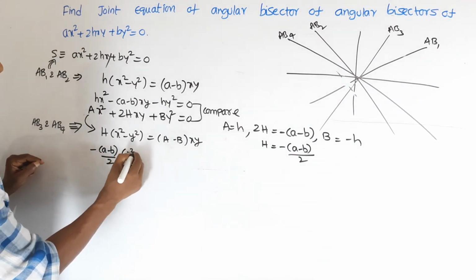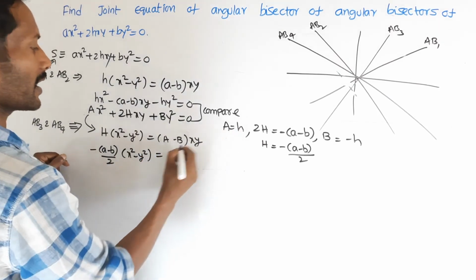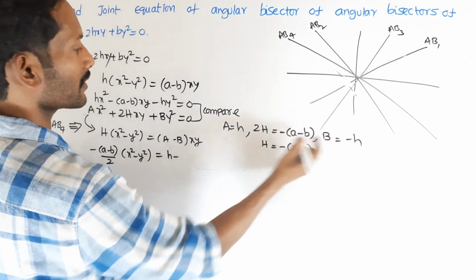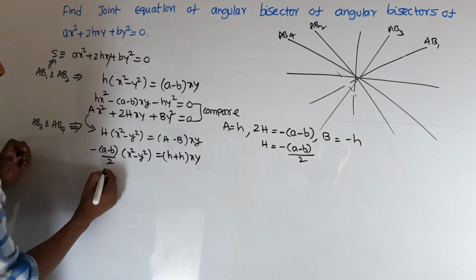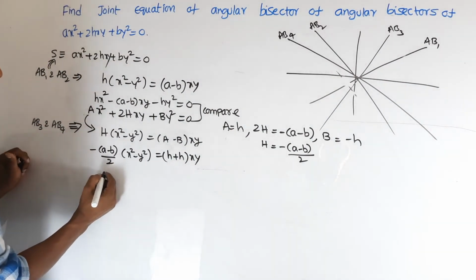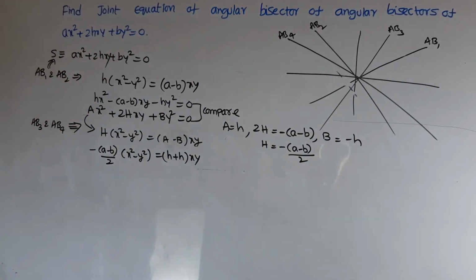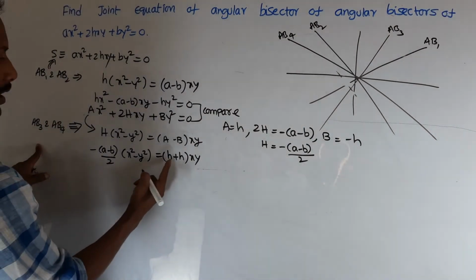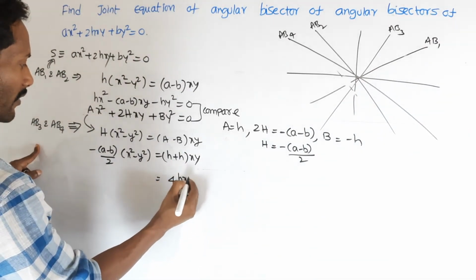x square minus y square equal to capital A minus capital B, that is h minus of minus h, plus h xy. Finally simplify it. h plus h is 2h, 2h into 2 is 4h, 4h xy.